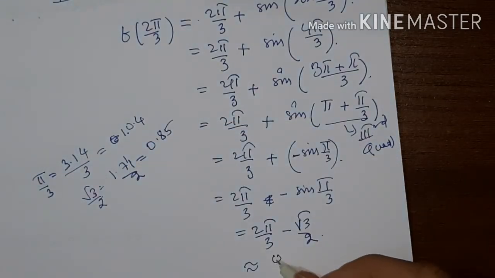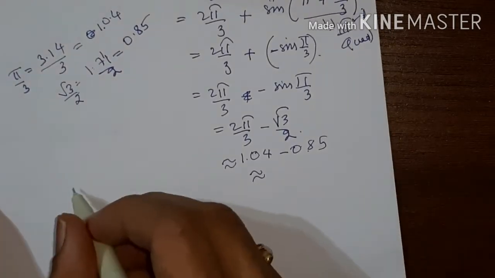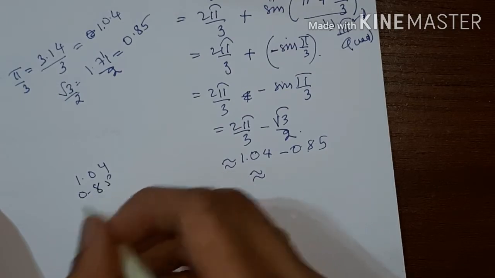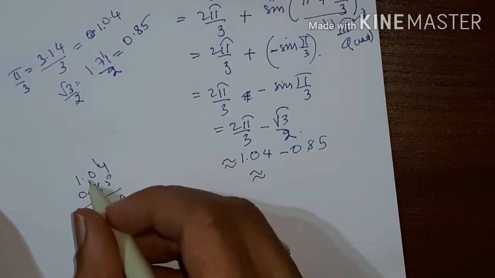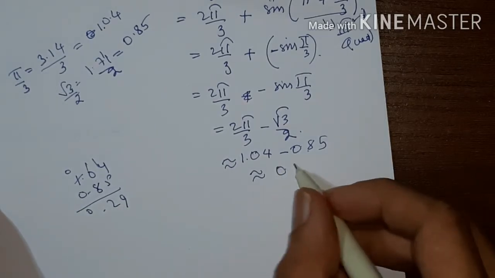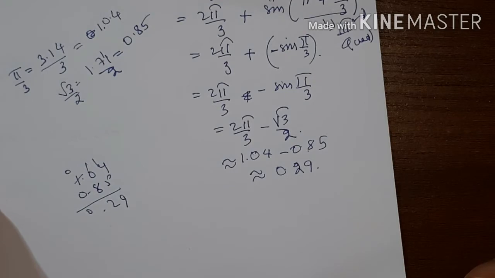So 1.04 minus 0.85 is approximately 0.29.